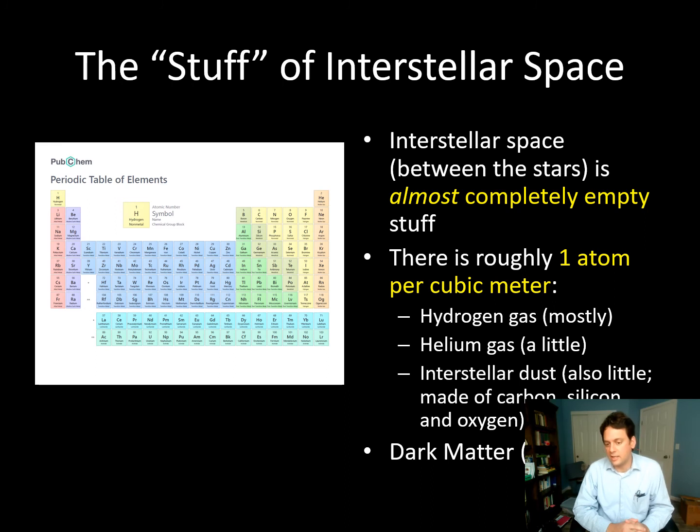It's much, much smaller than the dust that you have to clean off your dresser every Saturday morning or whenever it is that you do your cleaning. But it's much larger than the hydrogen and helium atoms, which are the common things out there. And it tends to be made of heavier elements like carbon, silicon, and oxygen.